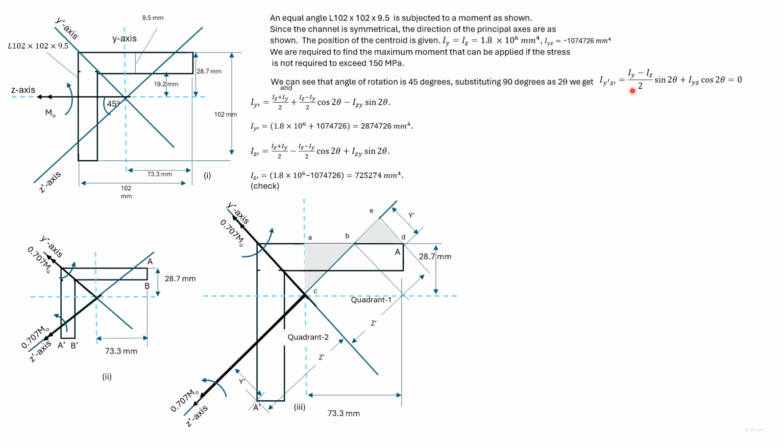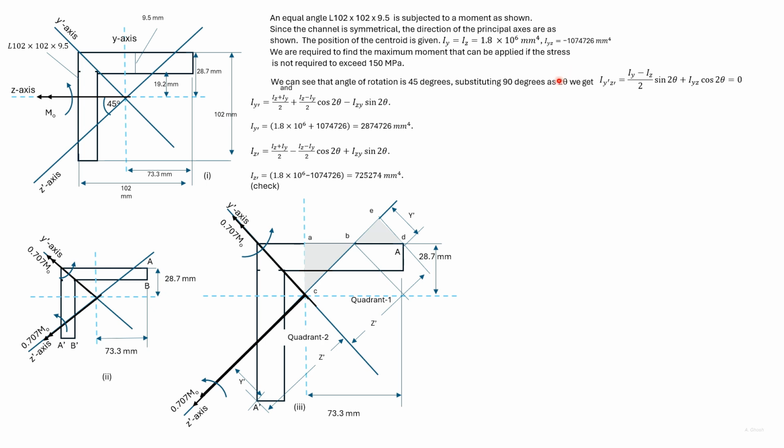Here Iy and Iz are the same and cos 90 is zero. So Iy dash z dash is zero. This is the formula for Iy dash, and substituting appropriate values we get the value of Iy dash. Also substituting appropriate values we get the value of Iz dash.